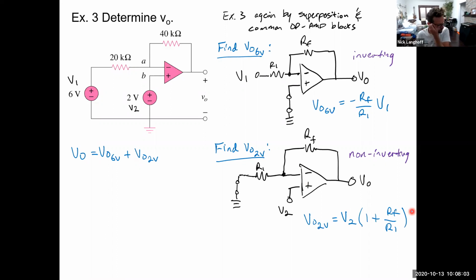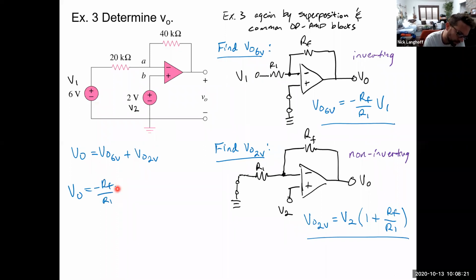All right, so now that we have the expression for V out due to the 6-volt source and V out due to the 2-volt source, we can plug those in. This is minus RF over R1 times V1, plus, I'll just write it the other way, V2 times 1 plus RF over R1.